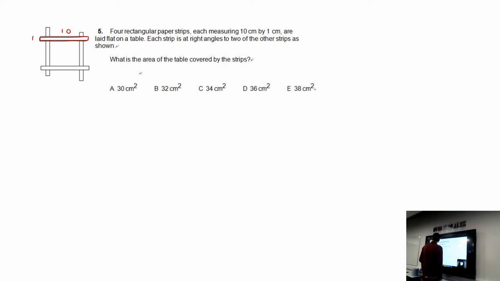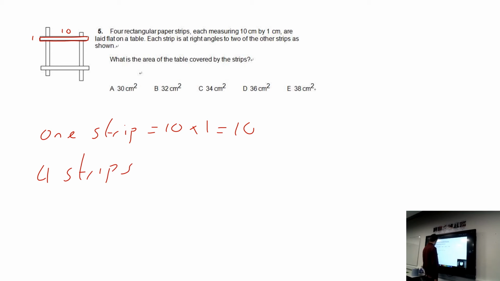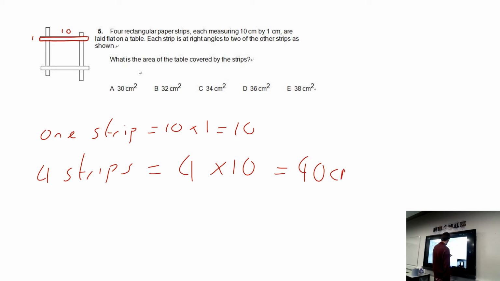So one strip is equal to 10 times 1, which is equal to 10. Now we have these 4 strips, so it's just going to be 4 times 10. So we've got 40 centimeters squared.